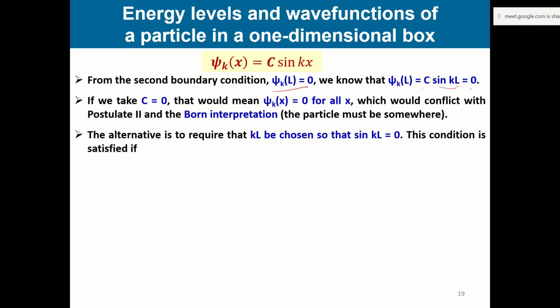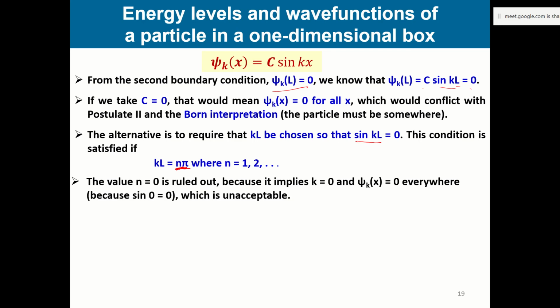The alternative is that you make sine kL to be 0, and a condition must be there that kL should be equal to n pi, where n is an integer 1, 2, like this.